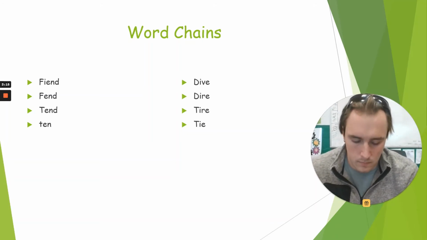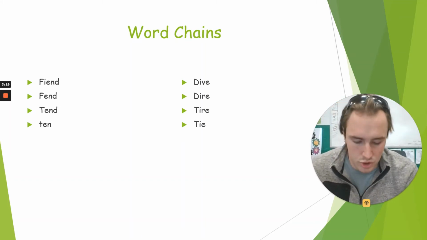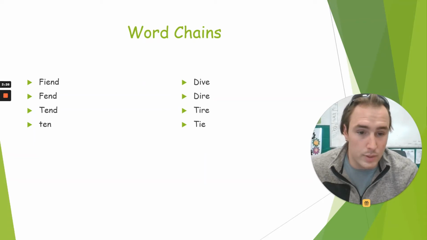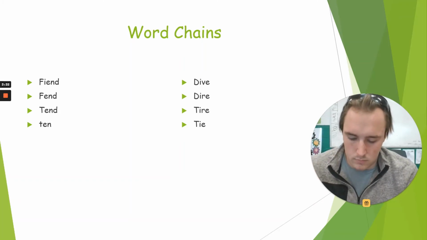Brief. So you have grief, that is G-R-I-E-F, and it turns to brief, which is B-R-I-E-F. It's going to take a while. All right. Now we're going to change brief to beef.